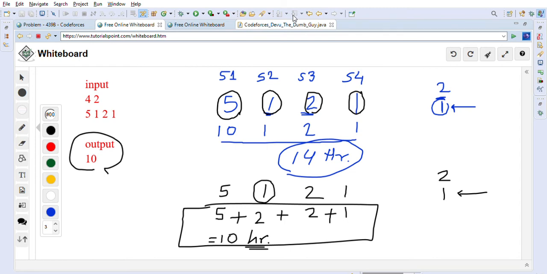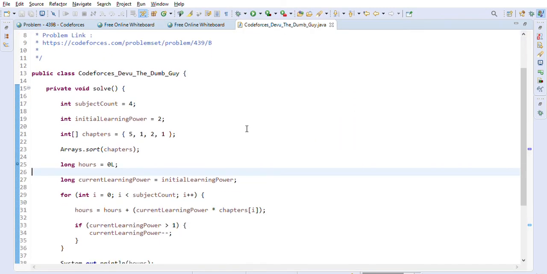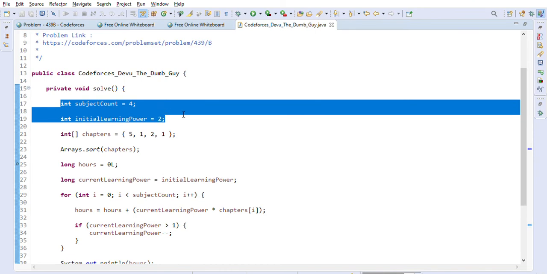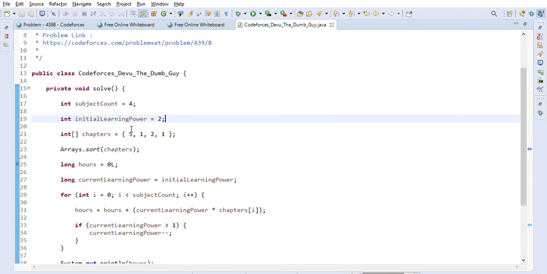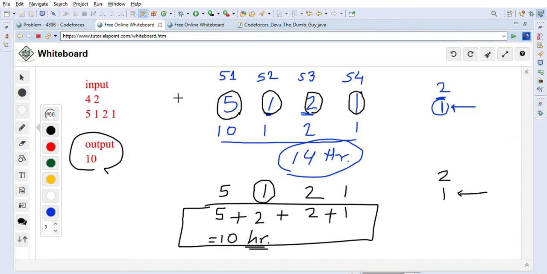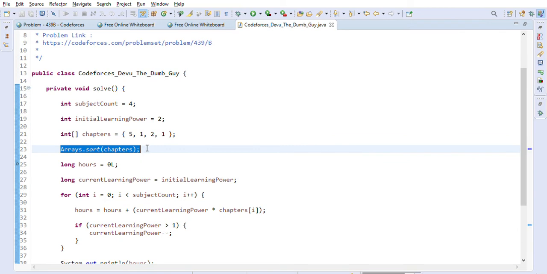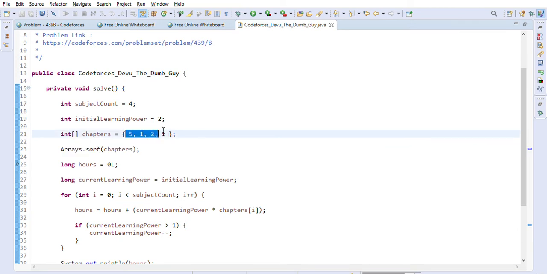So let's take a look at the Java solution for this problem. The subject count and initial learning capacity are given to us, 5, 1, 2, 1. This is the same example that we just saw. The first thing is our solution is based on array sorting, right? So first we will sort these chapters.